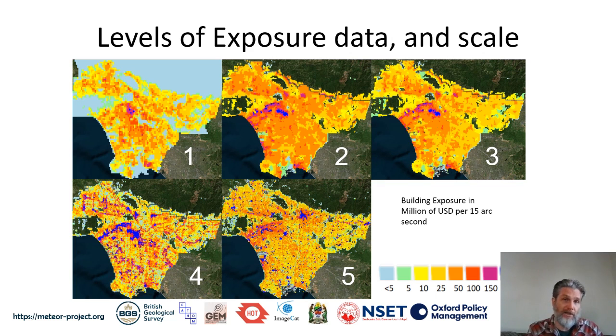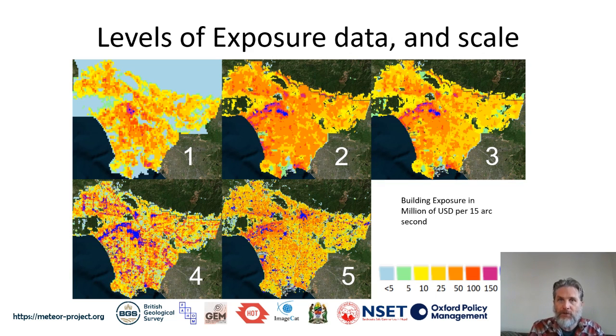And it becomes crisper, almost like something is brought into focus. And that is because of the scale of the data that's used. So as you get to level 5, you can really start to see the changes in density throughout the suburban areas of Los Angeles, whereas that is much less clear in levels 1 and 2.